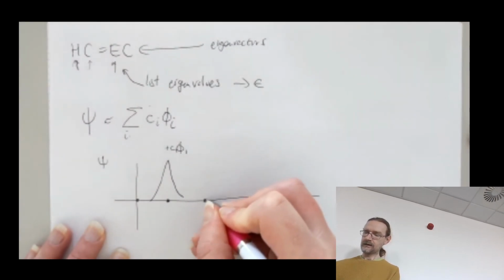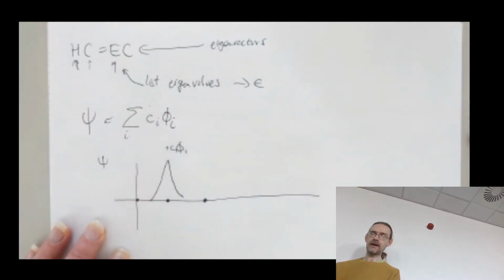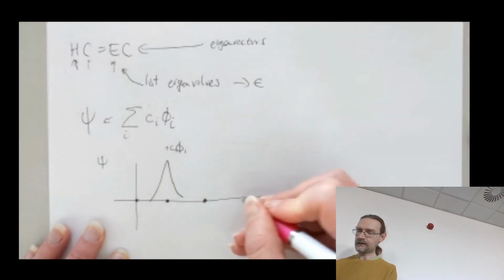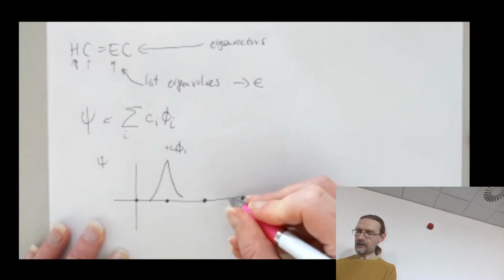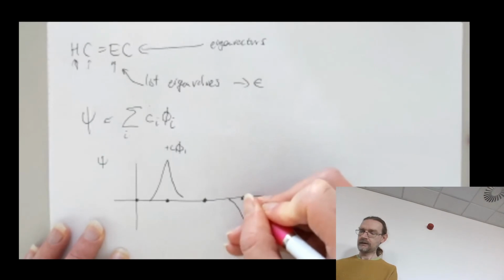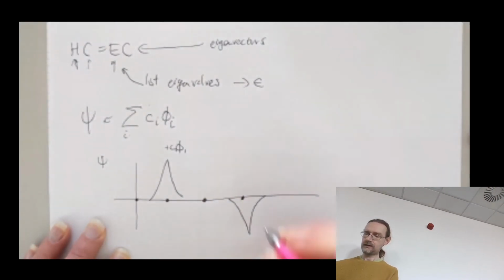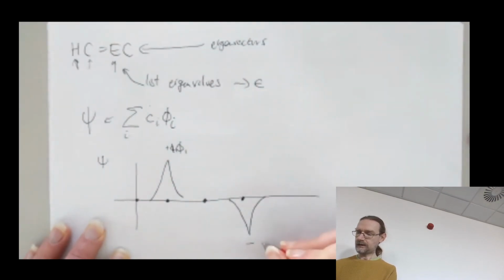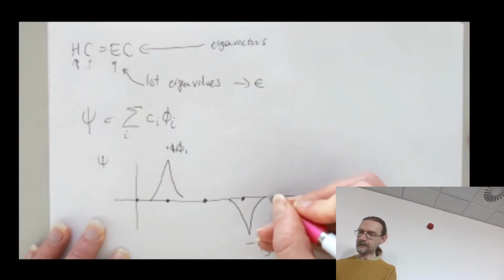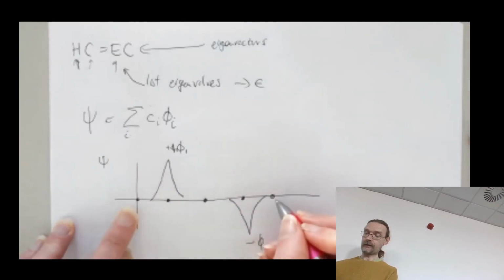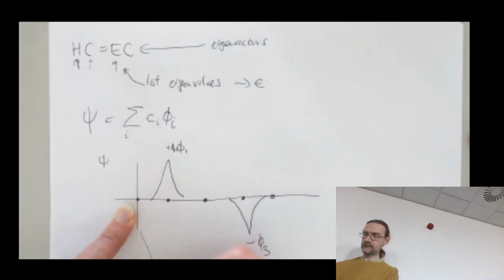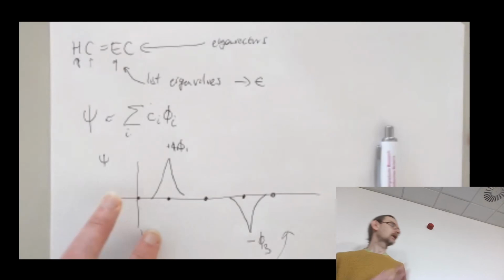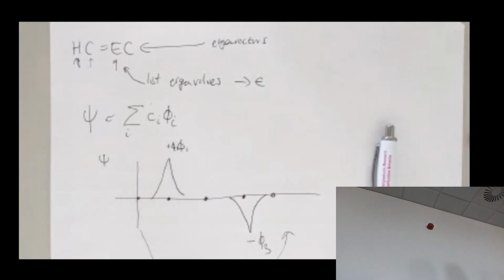Then C2 is perhaps 0 again if I'm plotting out that sine one, and then I've got a minus 1 for phi 3, and then it repeats if I've only got 4 atoms in my chain. So I get a wave function over the crystal that's a linear combination of my solution to the atomic problem.